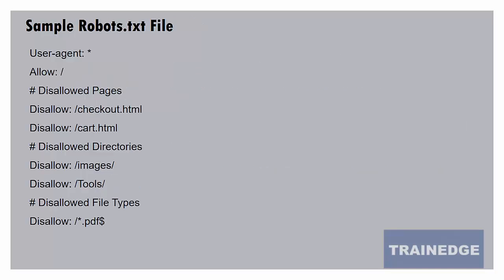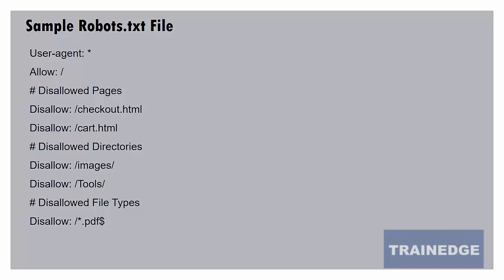Here is a sample robots.txt file. The first sentence you can see is user agent star, which means all the instructions that follow now are to be applicable to any bot visiting the website. The second sentence says allow slash. What this means is the search bot is allowed to access the website, all pages on the website, with some disallowed pages that follow the allow instruction.